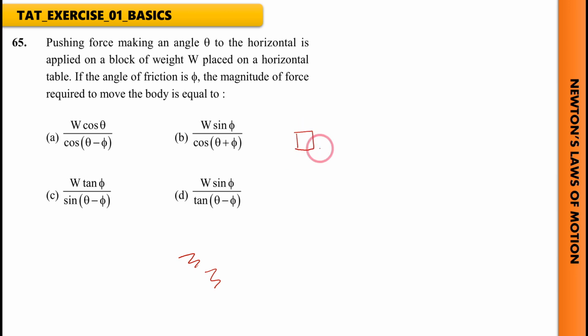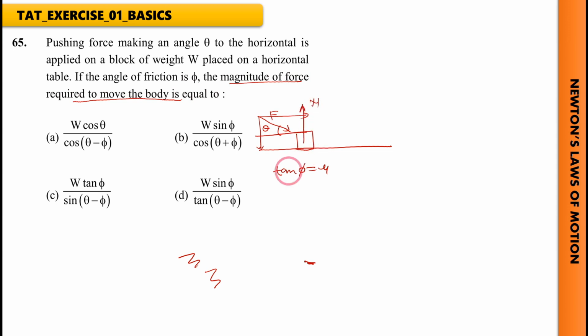Now in this question, a block which has a weight of W is being pushed like this, making angle theta with the horizontal. Angle of friction is given as phi, which means tan phi equals mu. The magnitude of force required to move the block: now you have to resolve the force like this and this.